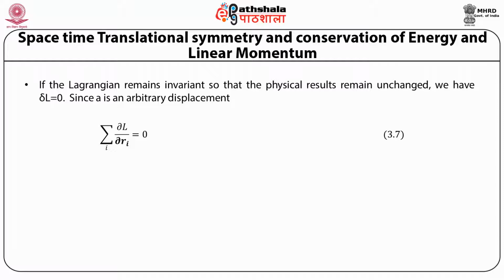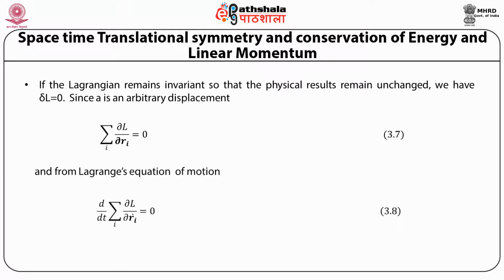If the Lagrangian remains invariant under a transformation, that means the physical results remain unchanged, which means that delta L is equal to 0. So delta L is equal to 0 and alpha is an arbitrary parameter. Therefore, this implies the sum over i of ∂L/∂Ri is equal to 0. Now, from the Lagrangian equation of motion, we have d/dt of the sum over i of ∂L/∂Ri dot is equal to 0.